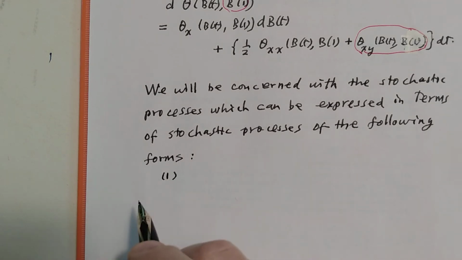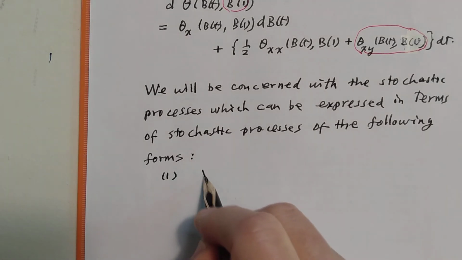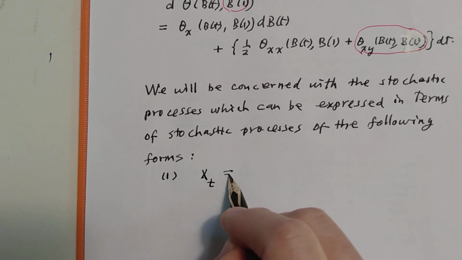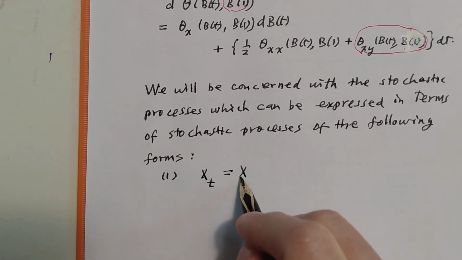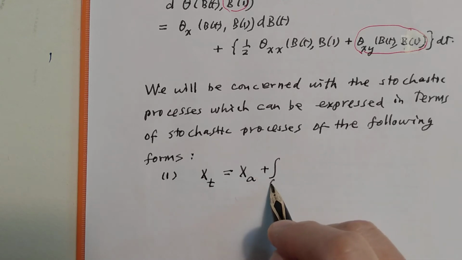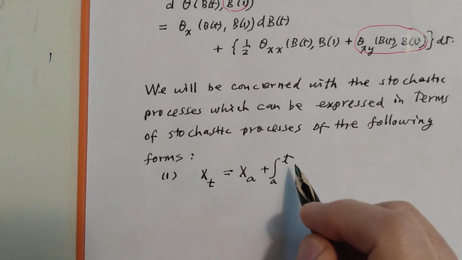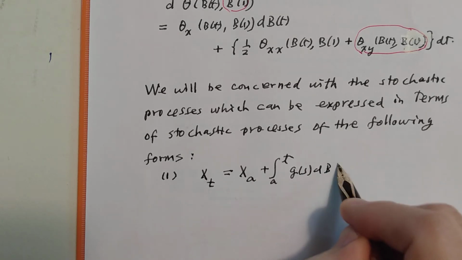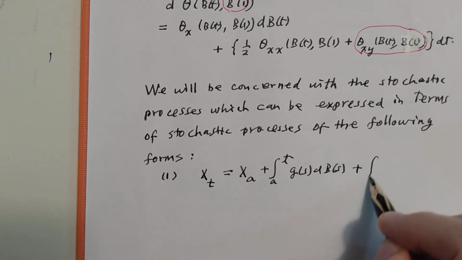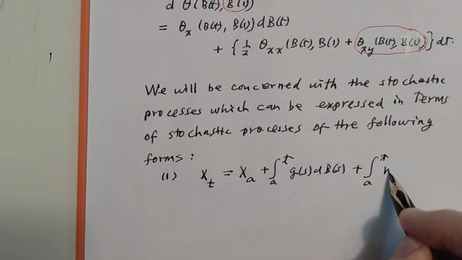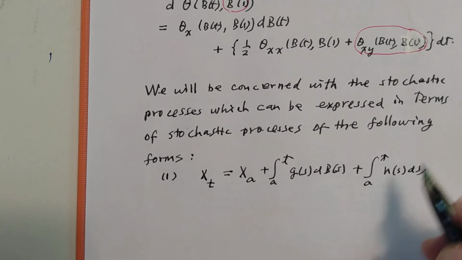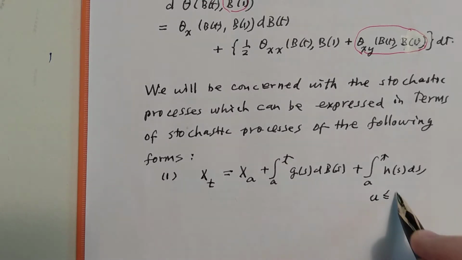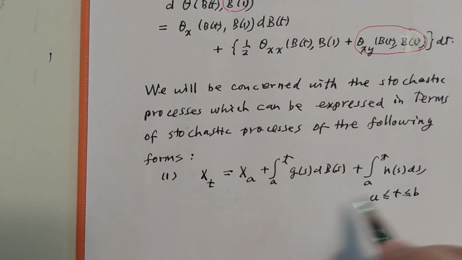First, X_t equals X_a plus the integral from a to t of g_s dB_s plus the integral from a to t of h_s ds. And this t is between a and b. So in the following, t will be understood to be in the interval from a to b.